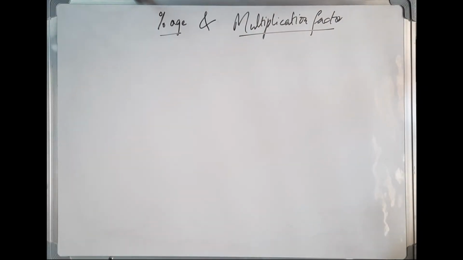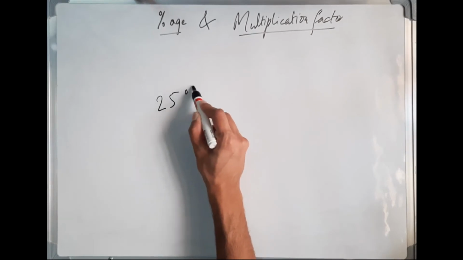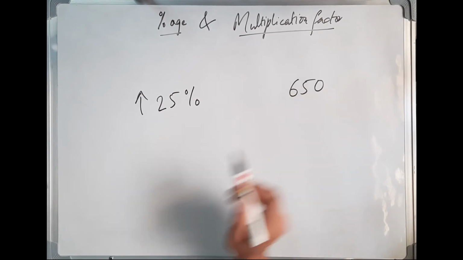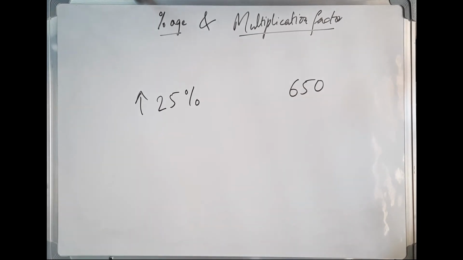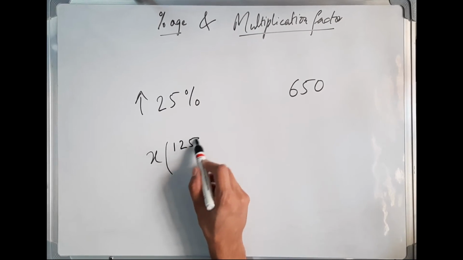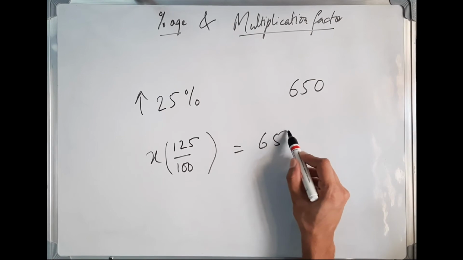Now let's dig deeper into this concept. If I increase 25% in a number and get 650, what was the previous number? To understand this, I'll take x as that number and multiply 125 by 100 to this number and I get 650.